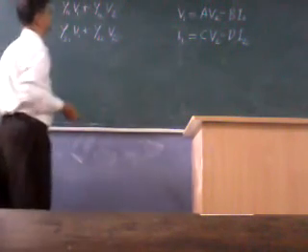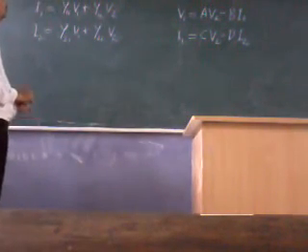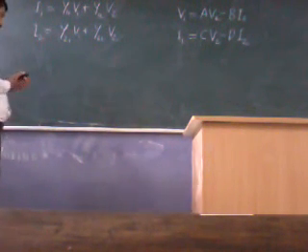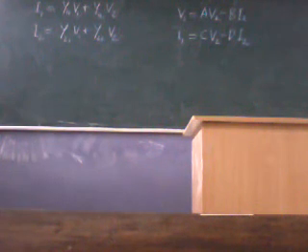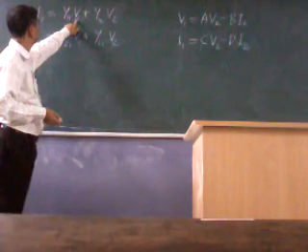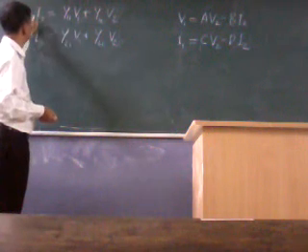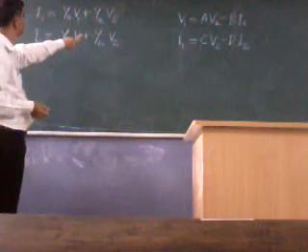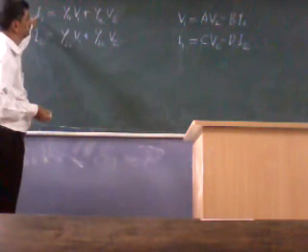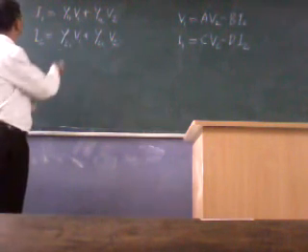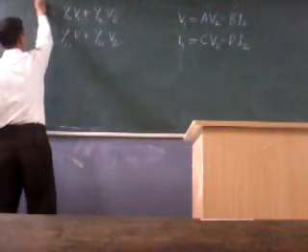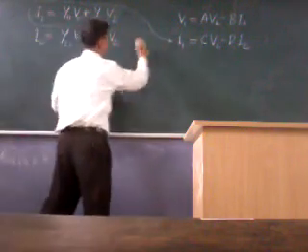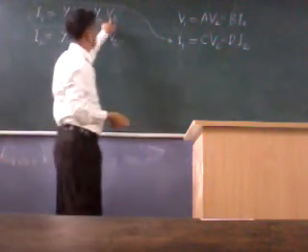So now how can we proceed? This you can take on the other side. This you take on this side. For looking like the second. So we have I1 and V2.